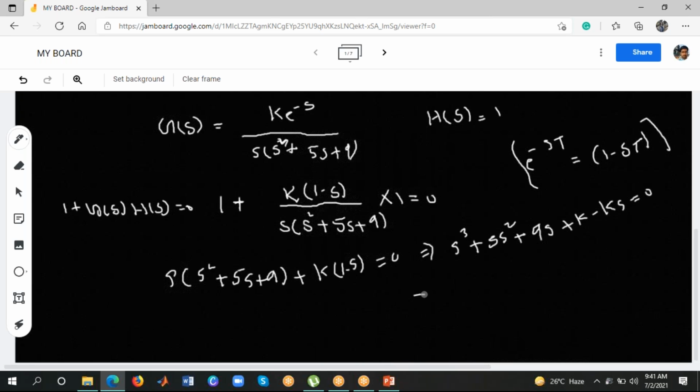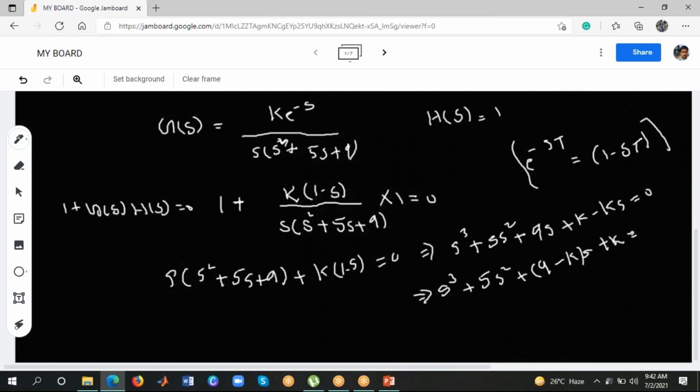Now if you simplify this, s cubed plus 5s square plus 9 minus k s plus k. Now find the range of k value here.